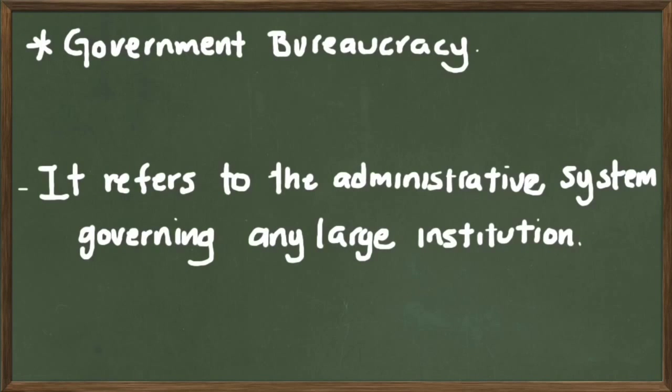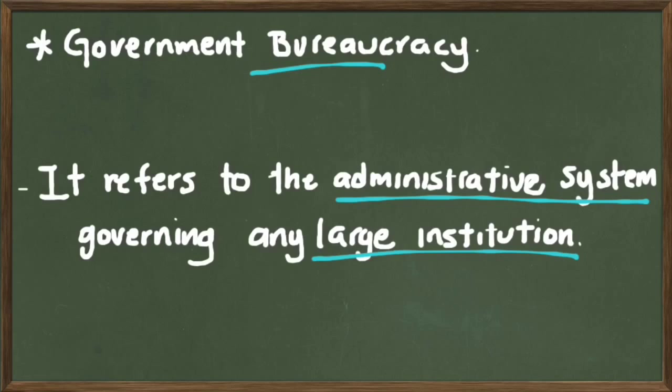Now we have the government bureaucracy. Pay attention to the spelling, but also pay attention to the pronunciation. Bureaucracy. It refers to the administrative system governing any large institution. Normally, government institutions have a system, a way, a protocol.